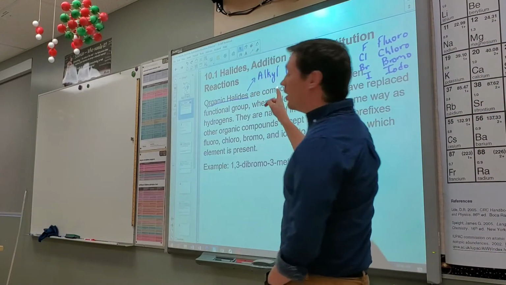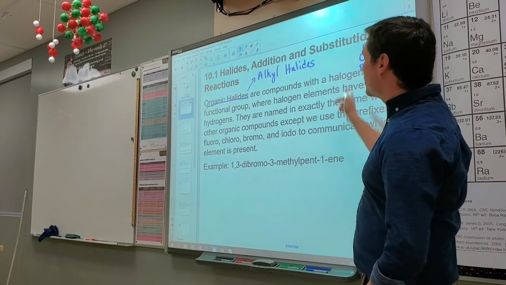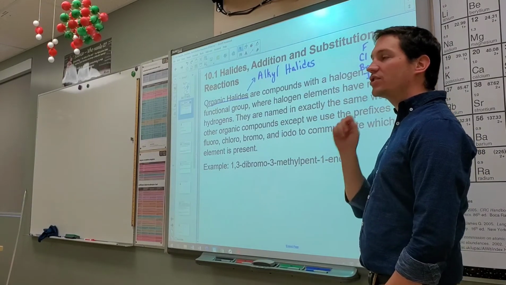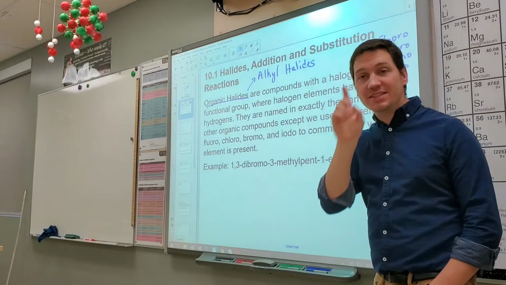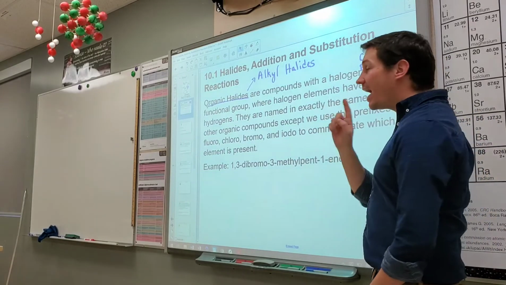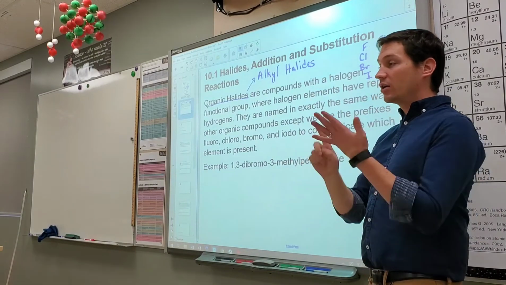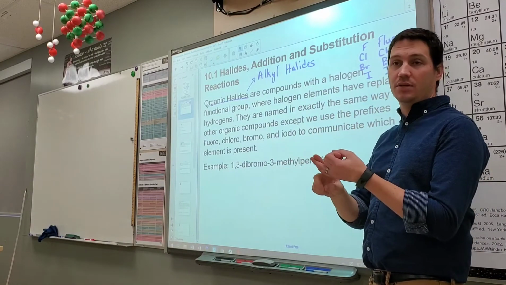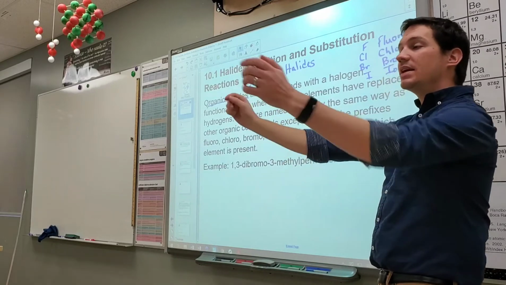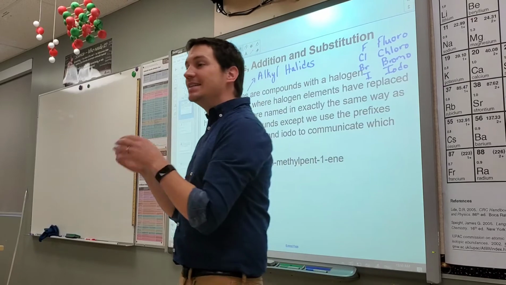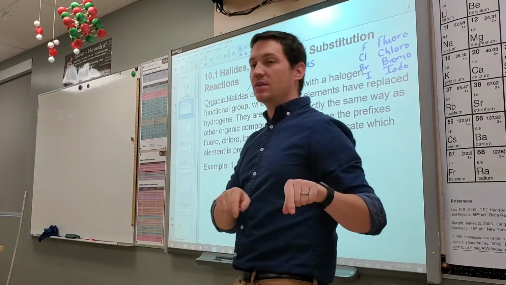Okay, so the organic halides are compounds with a halogen functional group. This is the first time that we've added elements that are not carbon and hydrogen. What that means is these are called functional groups. They function differently than other parts of the molecule.